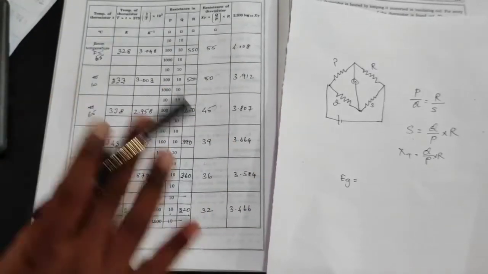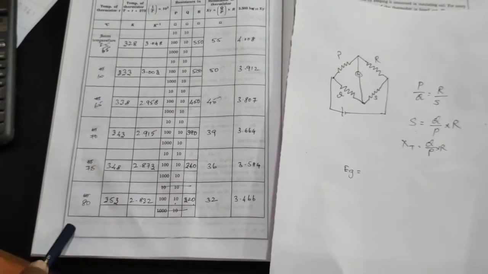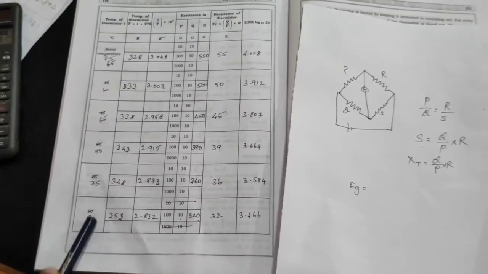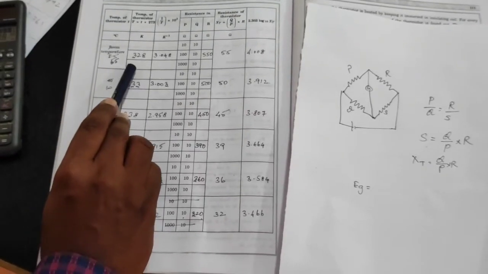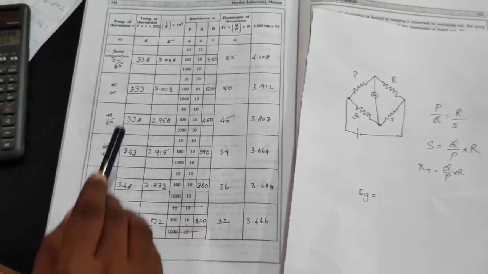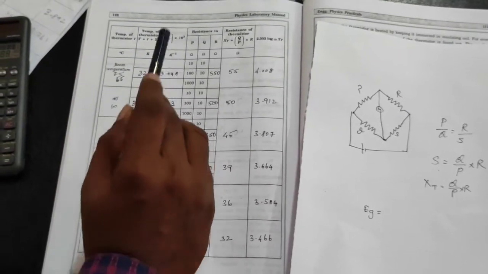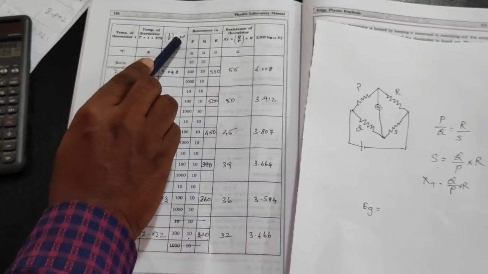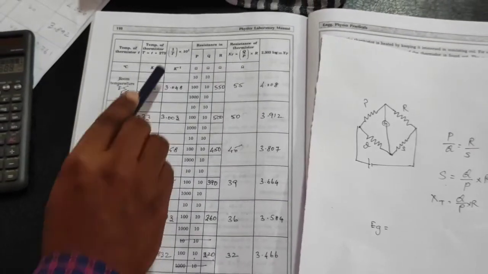And then after, it is a simple calculation. Convert this temperature in Celsius to Kelvin and convert the Kelvin as 1 by T. Find out the 1 by T value. So it becomes 3.48 into 10 power 3, and the 10 power 3 I commonly wrote here as 10 power 3. It's common for all.